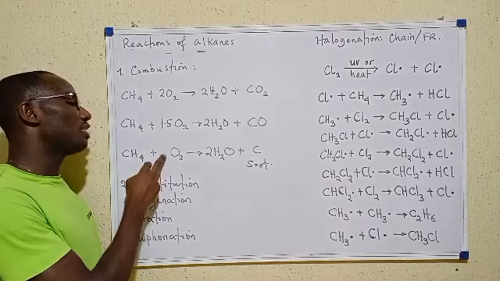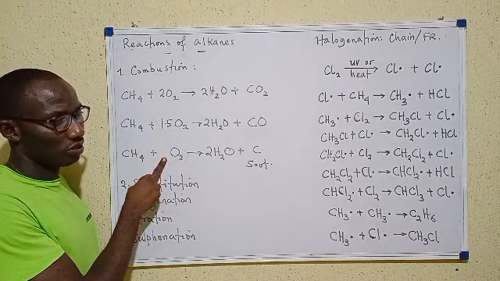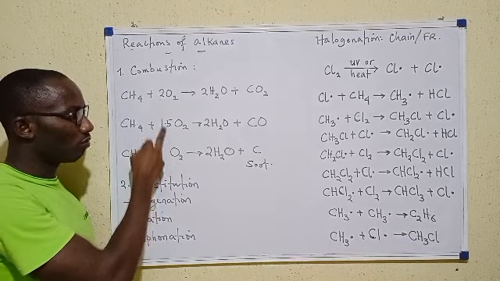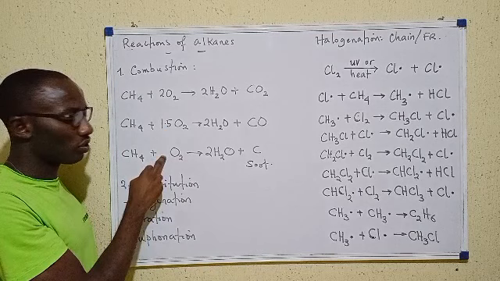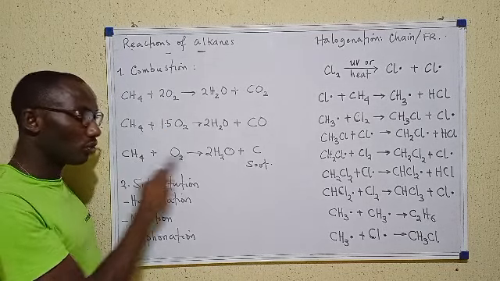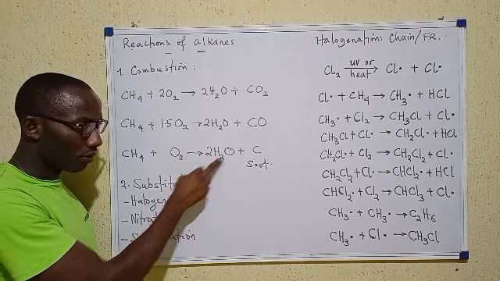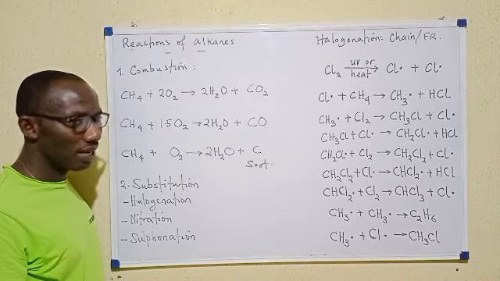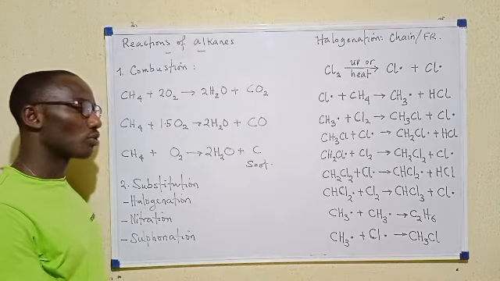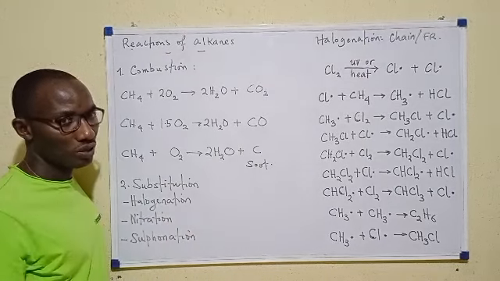And then, in insufficient oxygen, you see now that the number of moles of oxygen keeps reducing. So in insufficient oxygen, our methane will burn to give water, but this time with soot, also called carbon black. So carbon black or soot is the final product that we see there.